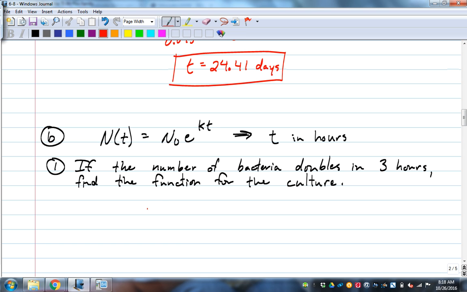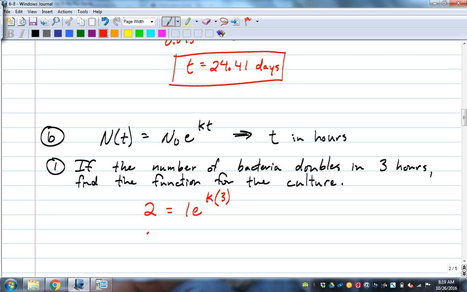Okay, so 2 equals 1 times e to the k times 3. We're replacing the population, n of t, with 2 because it doubled. Initial value is 1, e to the k times 3. So we want to work that out, find out what k is, find our growth factor out of that.